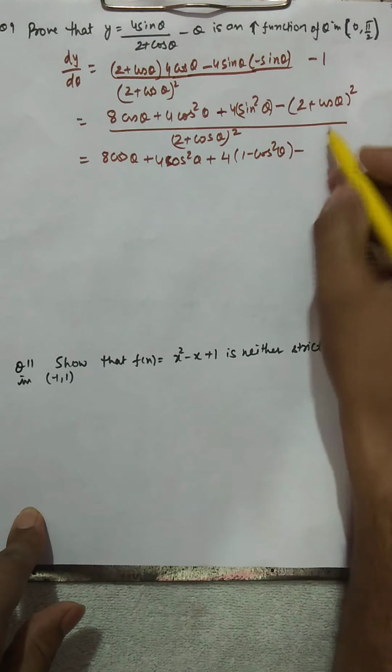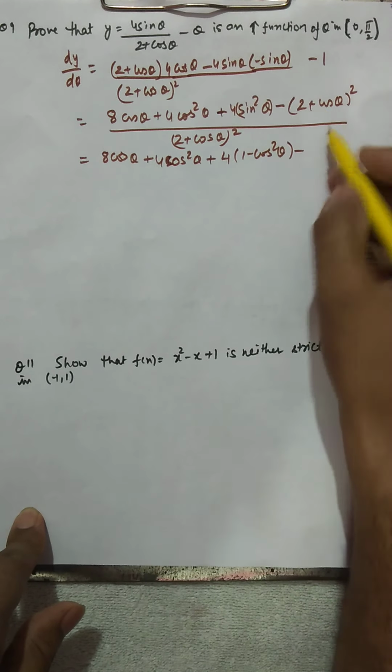It means you can say that f(x) is strictly increasing in its domain, and the domain is 0 to pi by 2. So you can directly state the sign of dy by dx; there is no need to put dy by d theta equal to 0. You can get it very simply also.